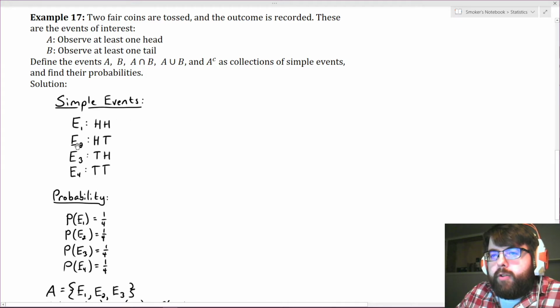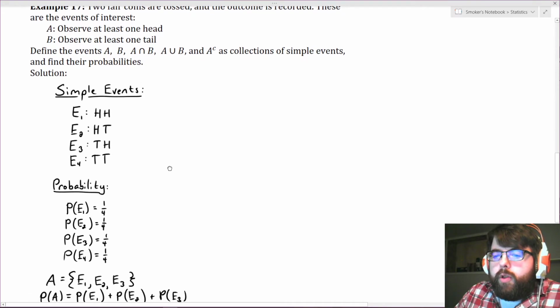I labeled these E1, 2, 3, and 4. It didn't give us a name, so by default we label E1, 2, 3, and 4. If you have something better to use, or they tell us to do something else, you can use something else, but that stands for event 1, event 2, 3, and 4. So A includes events 1, 2, and 3. B, at least one tail, would include events 2, 3, and 4.